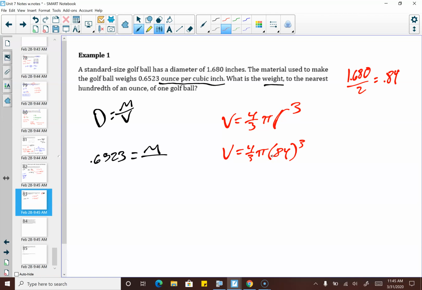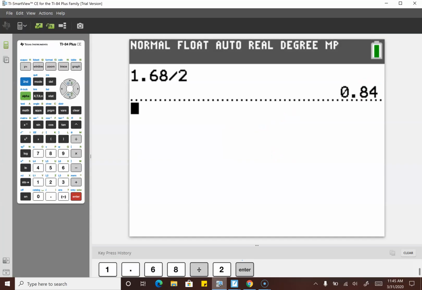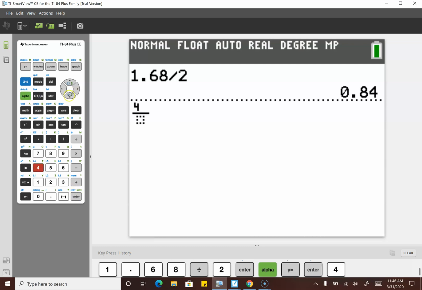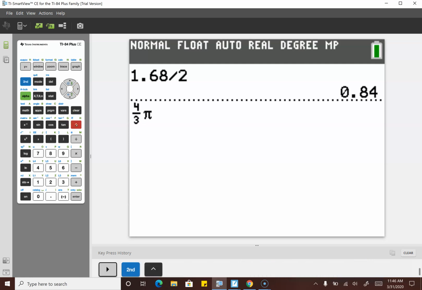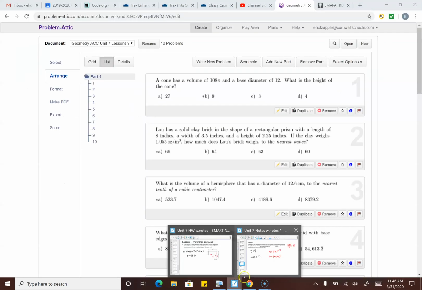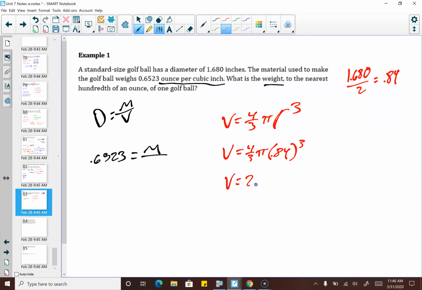Now you could leave this in terms of pi, but something tells me when we cube the 0.84, we're going to end up with a fairly lengthy decimal anyway, so we might as well just put it all in the calculator together and take our 4 decimal places, and you get 2.4821. So V equals 2.4821.